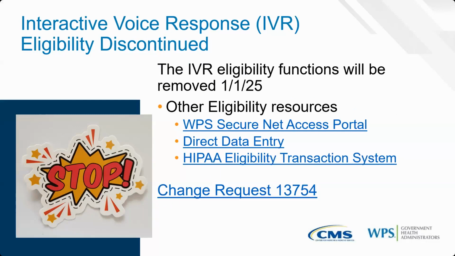This initiative is part of CMS's ongoing commitment to safeguard beneficiaries against Medicare fraud. The change is part of a pilot program involving most MACs, and CMS will assess its impact to determine whether the eligibility function will be restored or permanently removed. We have included additional eligibility resources on this slide to assist providers with checking eligibility.